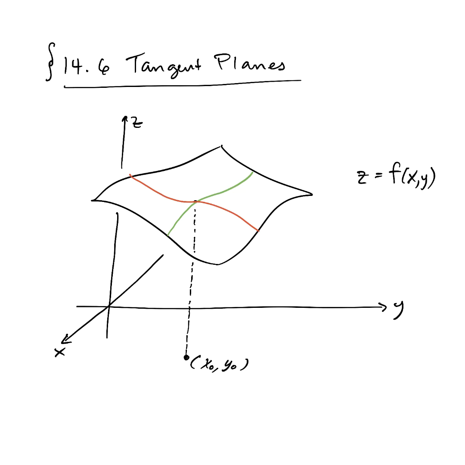We can then compute the slopes that hikers on those paths would encounter as they pass through that point and use them to build tangent vectors, one in the pure x direction, one in the pure y. So here's the one in the pure x. So that's a tangent vector to that path on the surface. And then here's one in the pure y direction. That's a tangent vector to the red path on that surface.